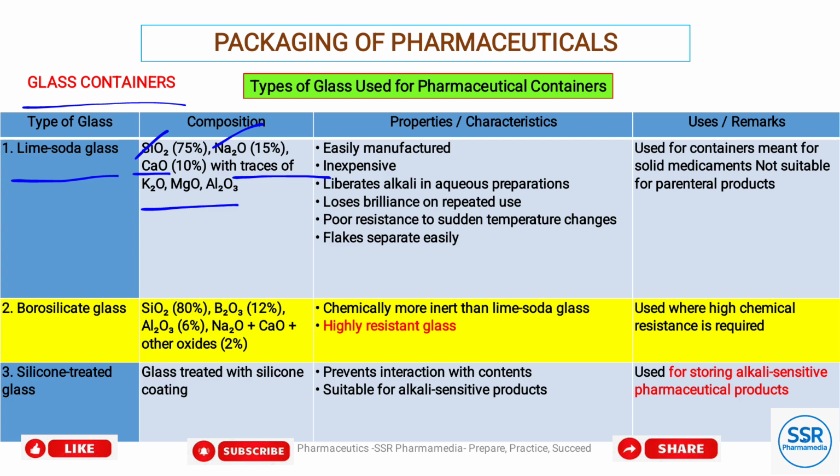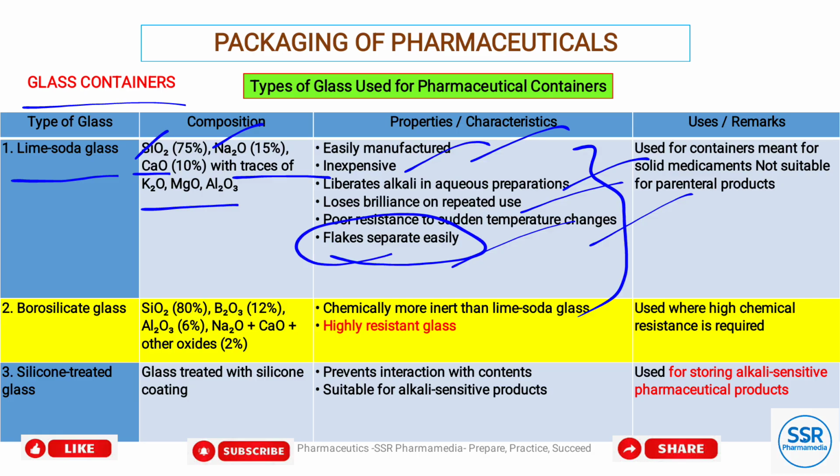Its properties are: easily manufactured, inexpensive, liberates alkali in aqueous preparations, loses brilliance on repeated use, poor resistance to sudden temperature changes, and flakes separate easily. It is very important: in which type of glass do flakes separate easily? Lime soda glass. It is used for containers meant for solid medicaments, not suitable for parenterals.